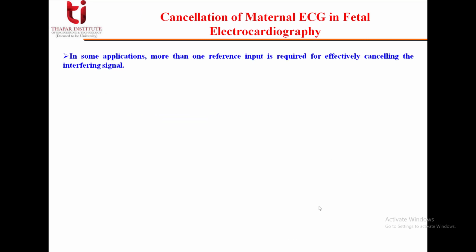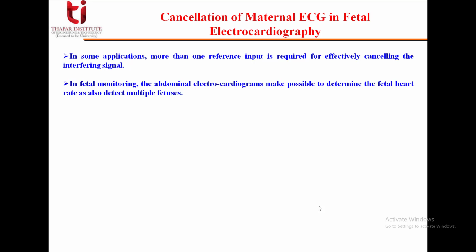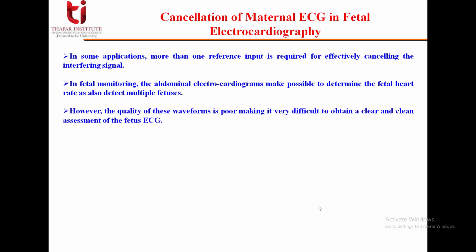Now the next is cancellation of maternal ECG in fetal electrocardiography, or we can say fetal ECG. In some applications, more than one reference input is required for effectively cancelling the interfering signal. In fetal monitoring, the abdominal electrocardiograms make it possible to determine the fetal heart rate as well as detect multiple fetuses.